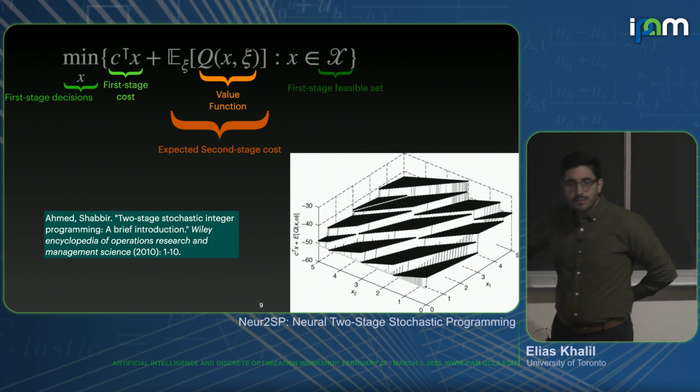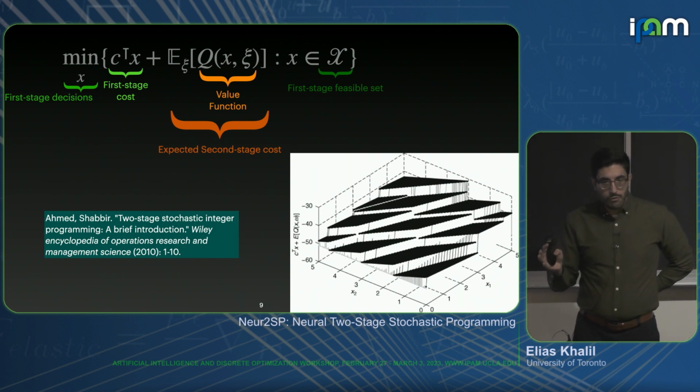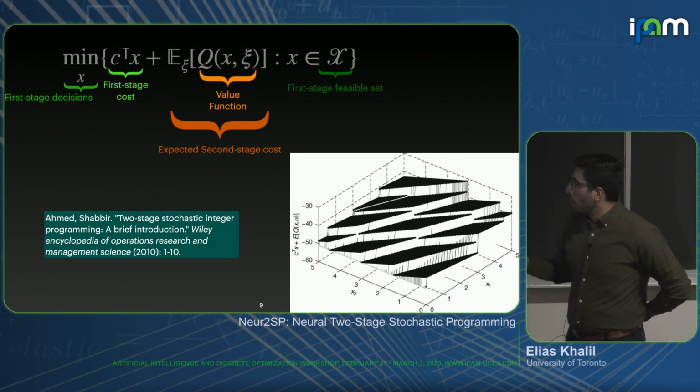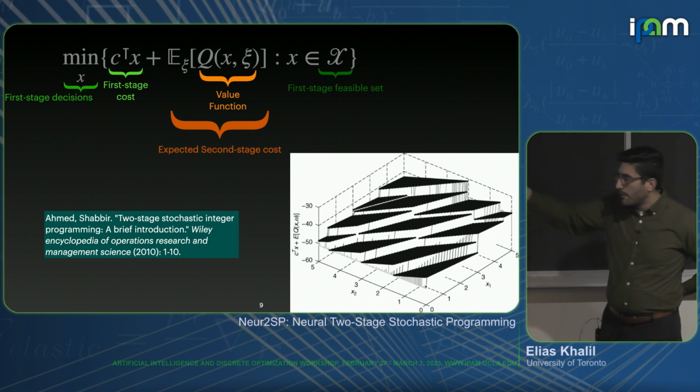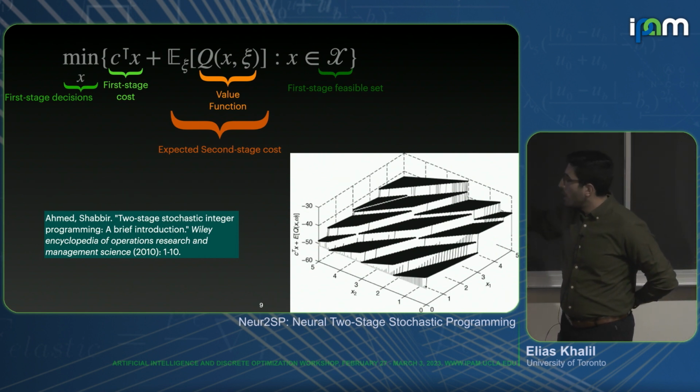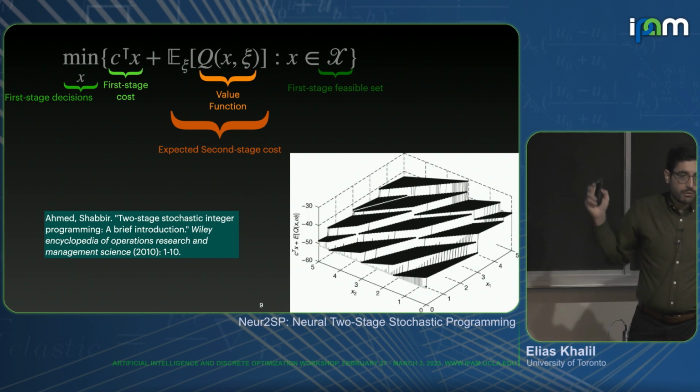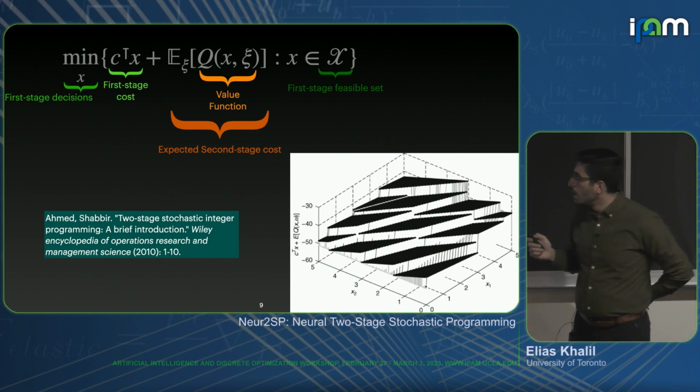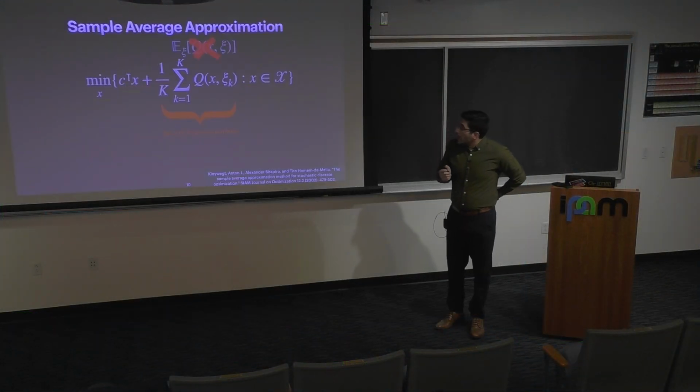This function has a very nice structure. It's a lower semi-continuous function. You can prove stuff about it. But in general, as soon as you have continuous variables, nonlinear constraints, etc., it becomes much harder to characterize the shape of this function. Okay, so very hard, thorny optimization problem.